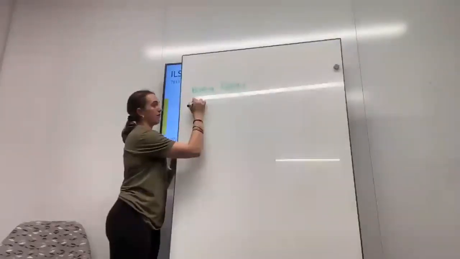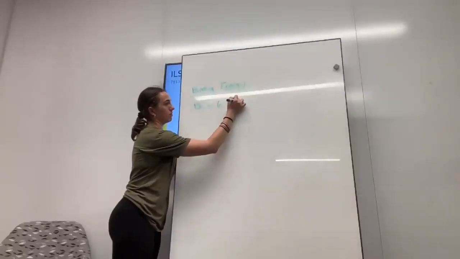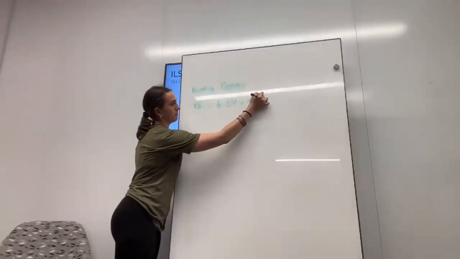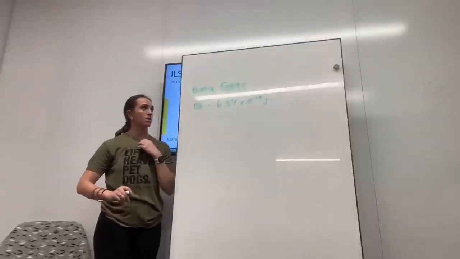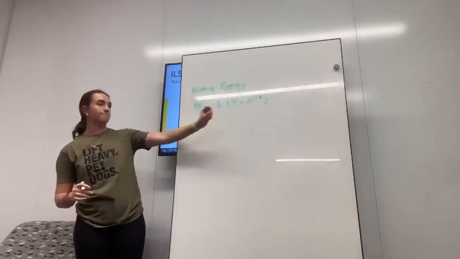So if we have a binding energy, this could be something like 6.34 times 10 to the negative 19 joules. You're given a whole bunch of binding energies, a whole bunch of these joules.